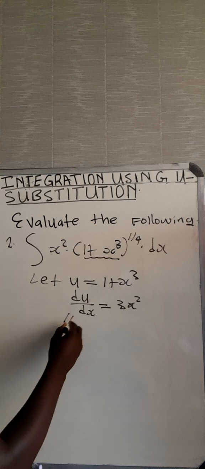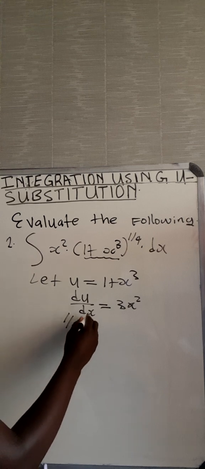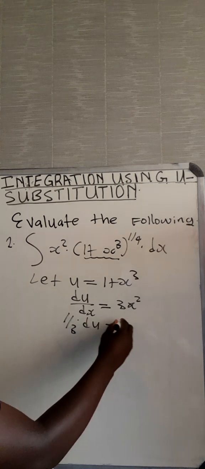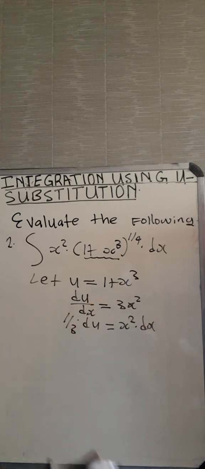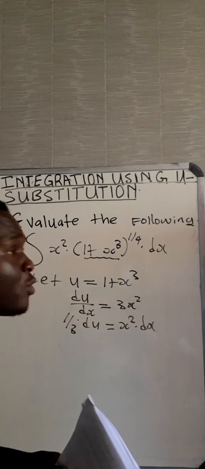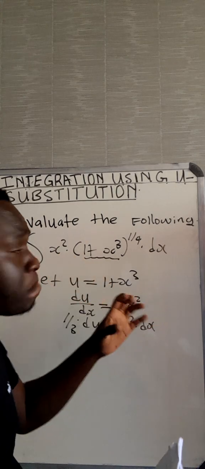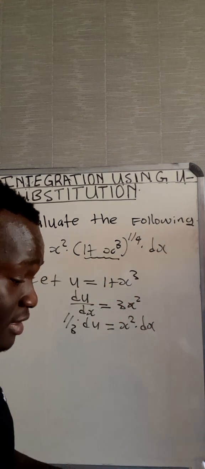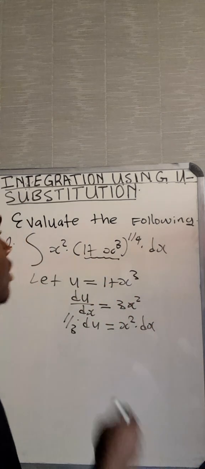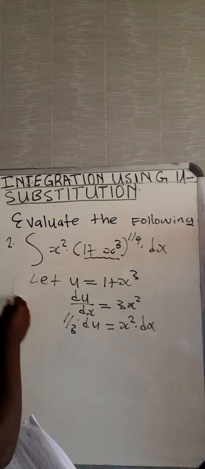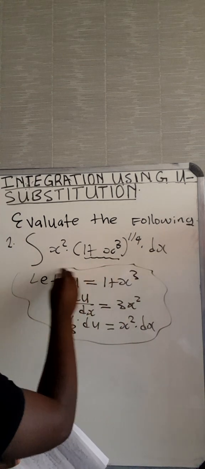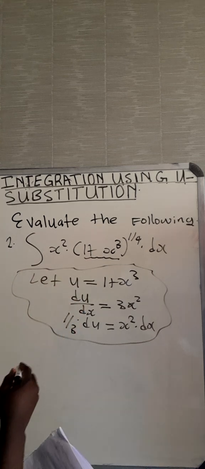So 1 over 3 times du will be equal to x squared times dx. We are making this transformation because we don't have a straightforward formula to integrate this large class of functions, so that we can simplify the problem.